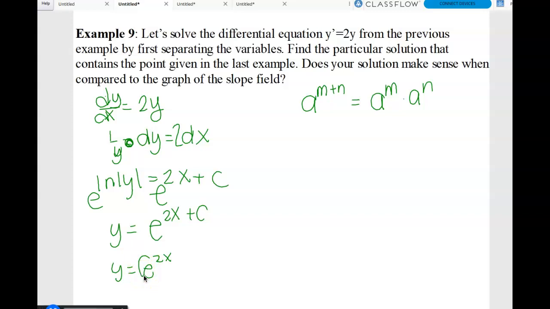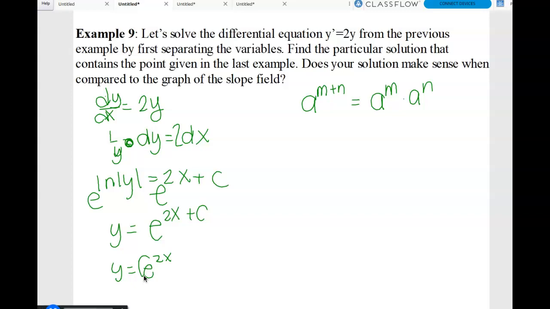And that should make sense, and we're going to go back to exponentials in 6-4, which is really where we're going to be at the end of this week. y equals y naught e to the kt is part of that formula, right? It's always y naught in front of the e value. So we have y equals c e to the 2x.